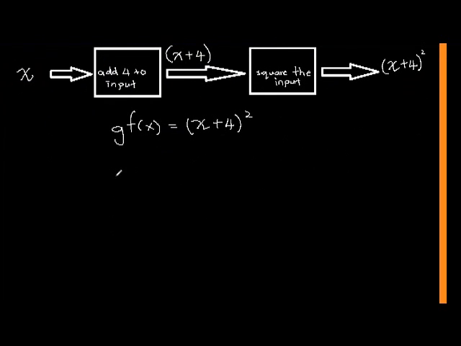If the composite function is written differently, for example f(g(x)), then it refers to a different process, which means the input will be fed into function g first.